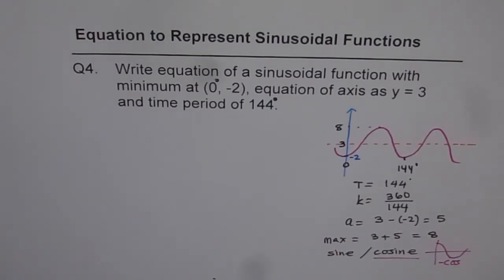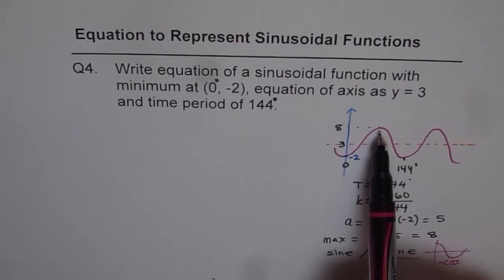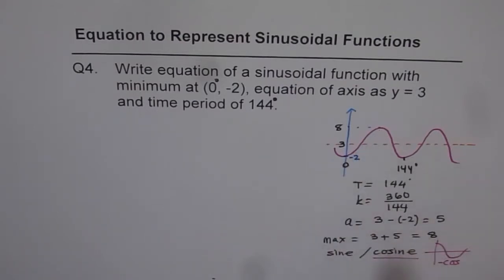The phase shift for a cosine function is the point where the maximum lies. In this case it is starting with a minimum, so we can write minus cos, correct? That gives us all the information which we need to write down our equation. And now let us write it down.